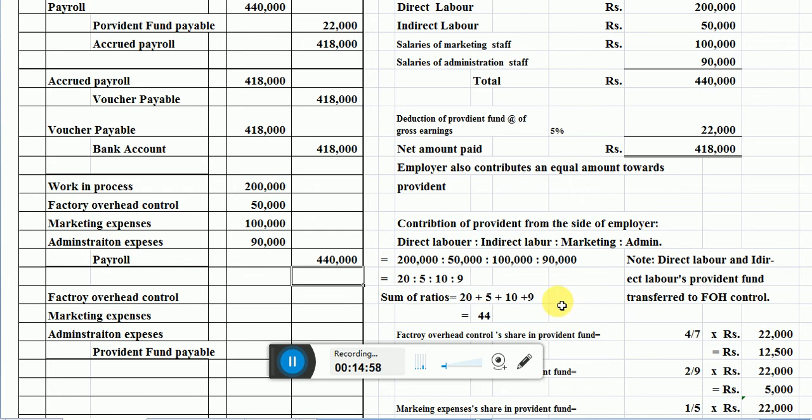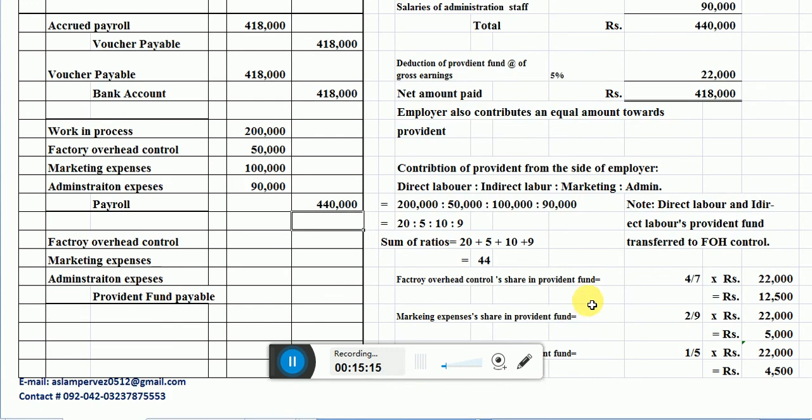The sum of this ratio is 44. Now students, we have to combine the direct and indirect labor ratio because provident fund against the factory cost is charged to the factory overhead control here. Now this is the part of 20 plus 5, it is 25 out of 44 here.